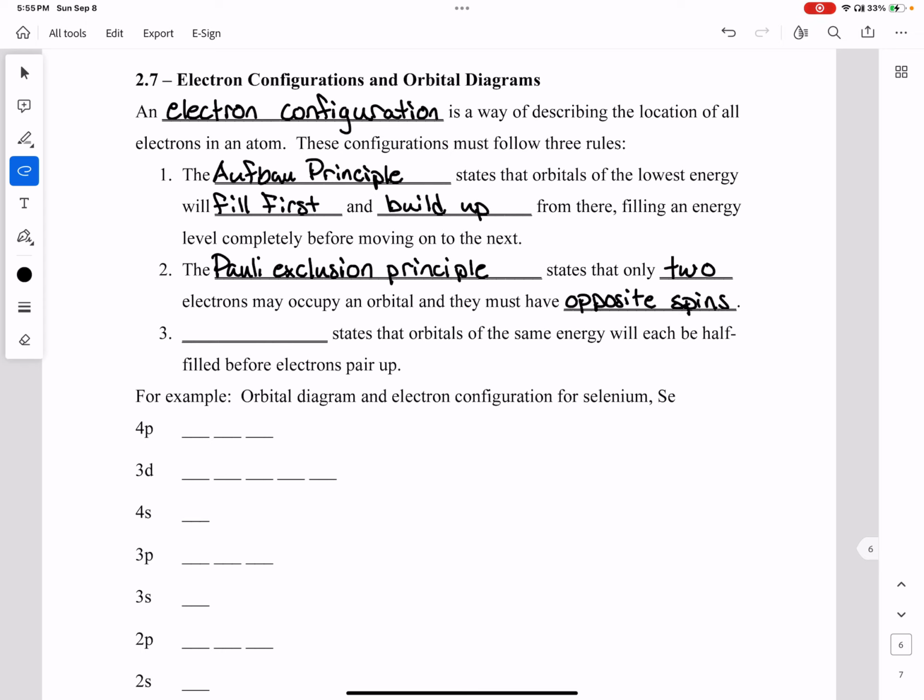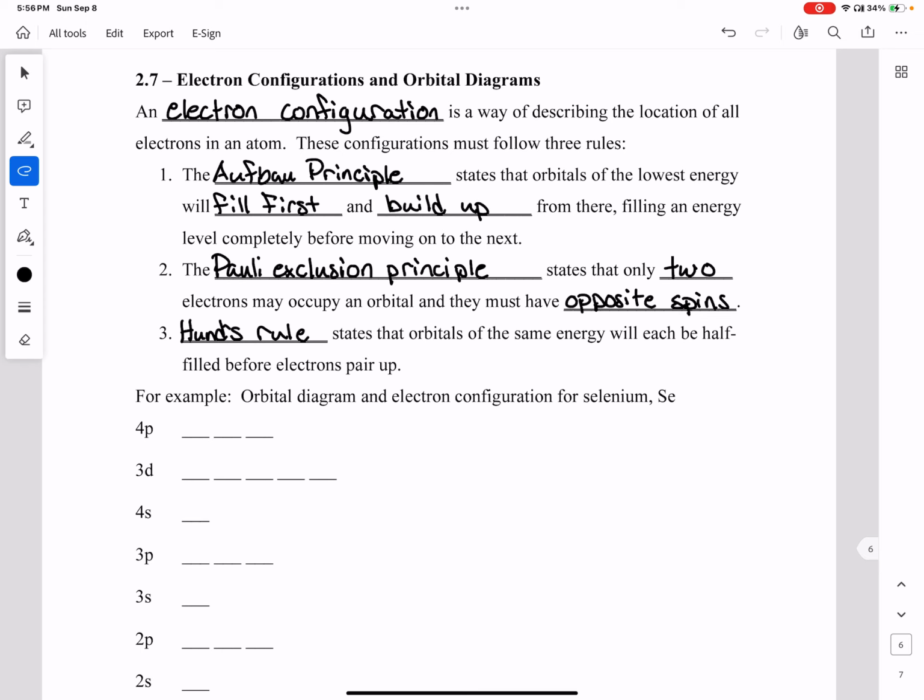These are not literal spins, but we can think of them that way. We consider spin up and spin down. And so finally, Hund's rule. Hund's rule states that orbitals of the same energy will be half filled before the electrons start pairing up. And we'll see an example of that now.